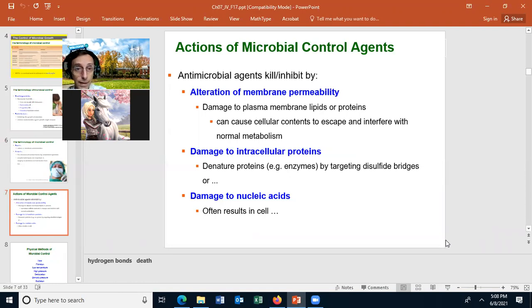The second way that antimicrobial agents can kill or inhibit microbes is damage to intracellular proteins. If you denature proteins, especially the enzymes, such as by targeting the disulfide bridges or the hydrogen bonds, you interrupt their function. And if the proteins aren't functioning, the cell will die.